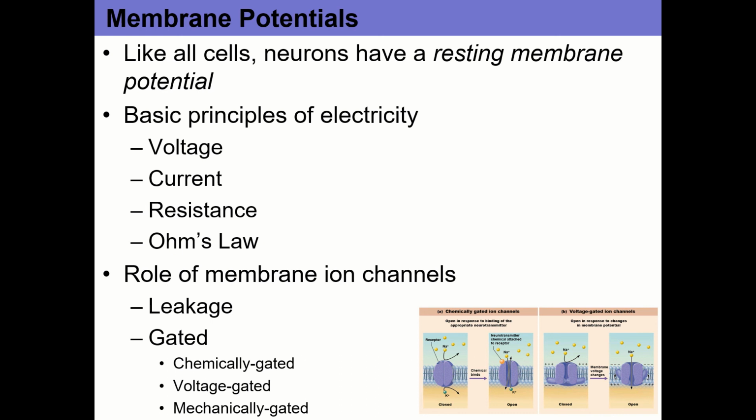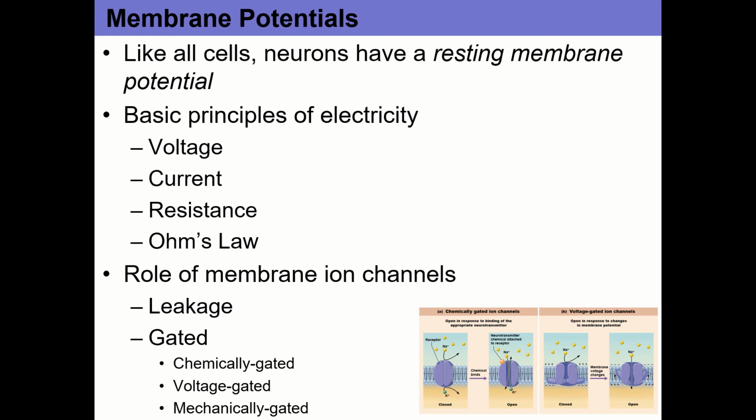As opposed to voltage-gated channels, which open in response to a change in charge. So when the inside of the cell is very negative, so negative 55, so more, negative 60, negative 70. When the inside of the cell is very negative, voltage-gated channels are closed.